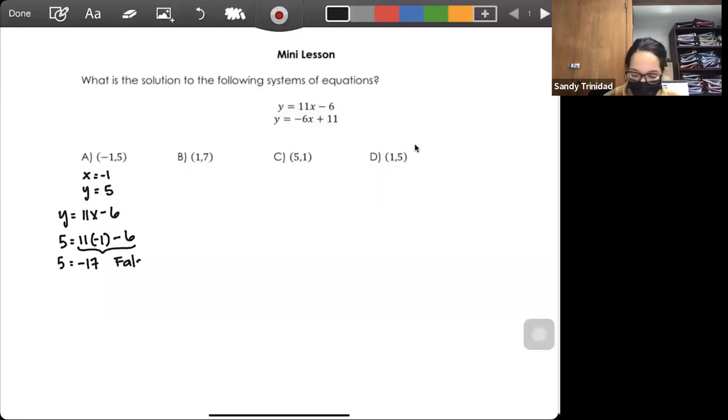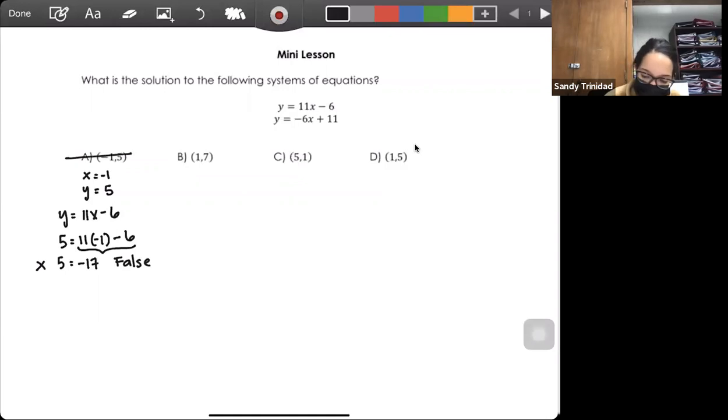This is false. So this point is definitely not on the first line that I have, which automatically means that it's not a solution. This cannot be your answer. The moment you see that a point doesn't work for one of your equations, automatically that cannot be your answer. You don't even have to check the other one.